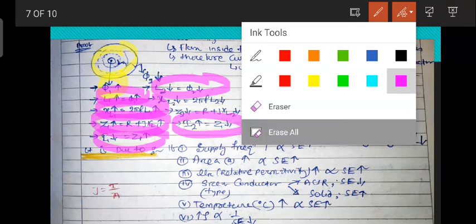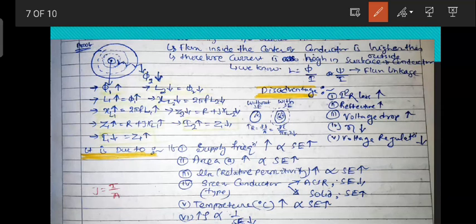Here, these are our disadvantages. What are the disadvantages? I squared R loss, that is power loss, increases, effective resistance also increases, the voltage drop also increases, efficiency decreases, and voltage regulation decreases.